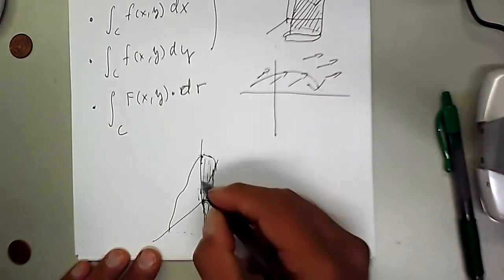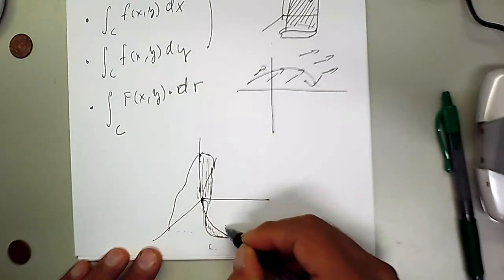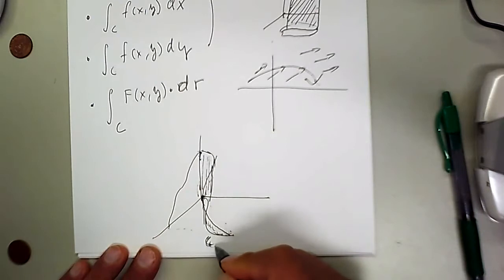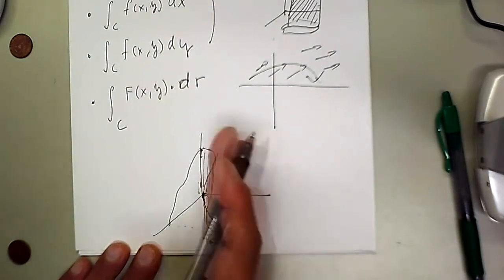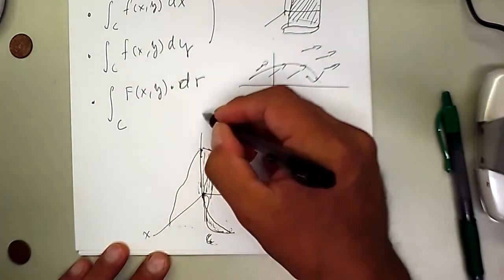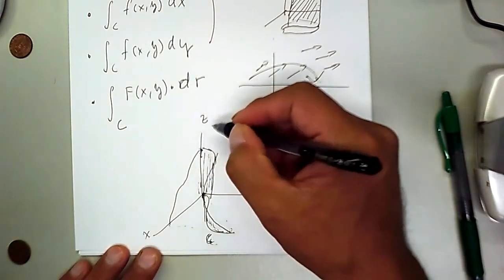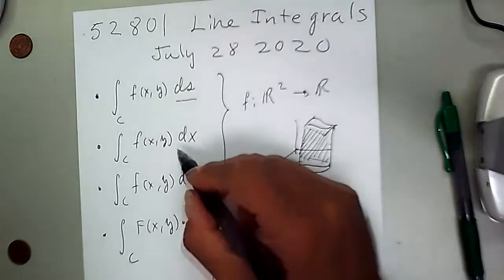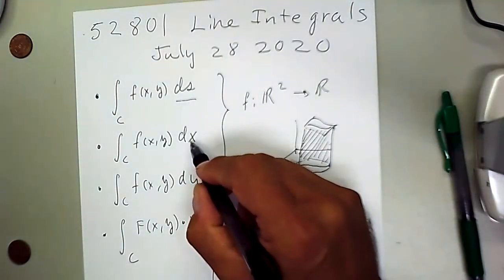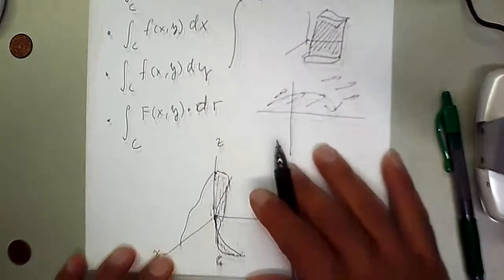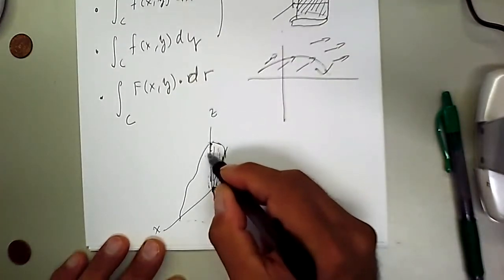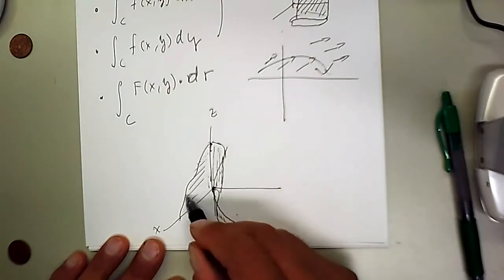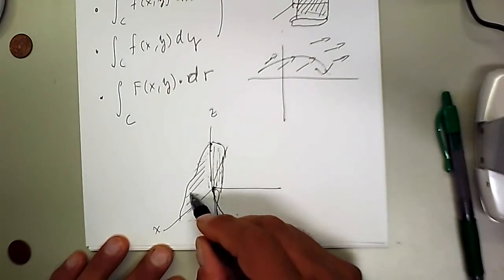Here, this surface is a vertical surface, and then it moves around depending on the curve C. If you project that to the xz plane, you're going to end up with something like that, a flat figure. And the second integral, with respect to the x, is going to be, if the function is positive, equivalent to this area. So the projection of this onto the xz plane is going to give you this area.